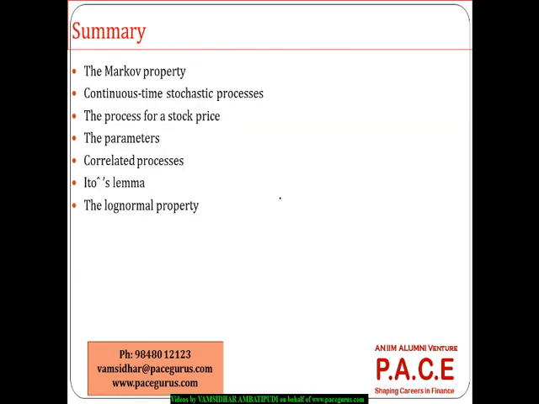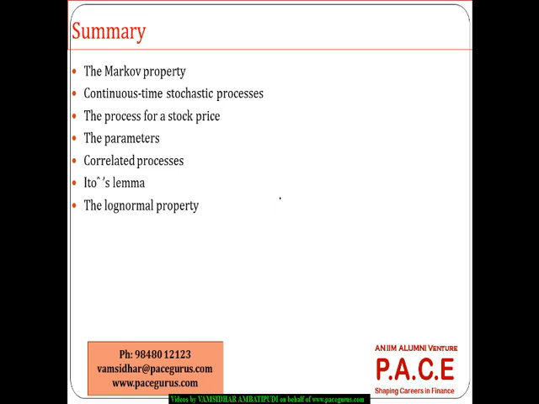So that's what we would like to conclude as a part of this session. We talked about the Markov property, we talked about the continuous time stochastic process, we got into a stock price process, which is a geometric Brownian motion, understood where the mu and sigma come from and what they represent.